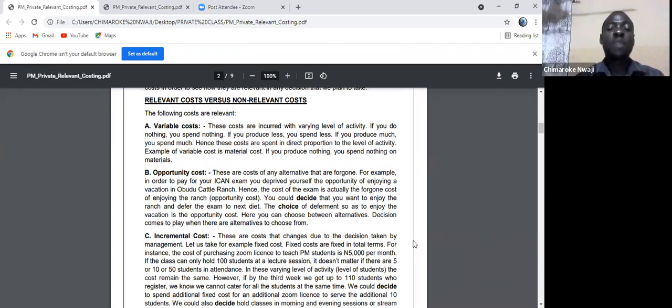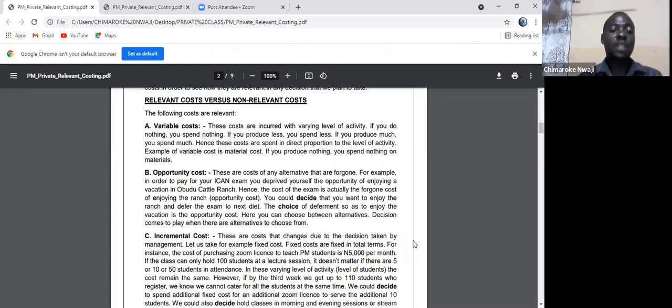If you decide to make 500 cakes, you spend as much material to meet that number. So you see, variable costs are relevant because of their varying or proportional way in which they occur.